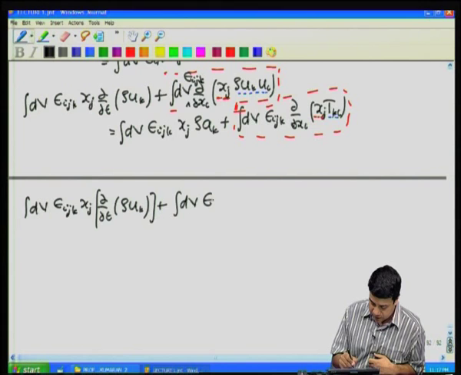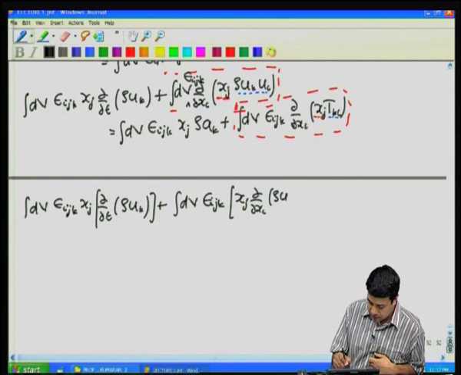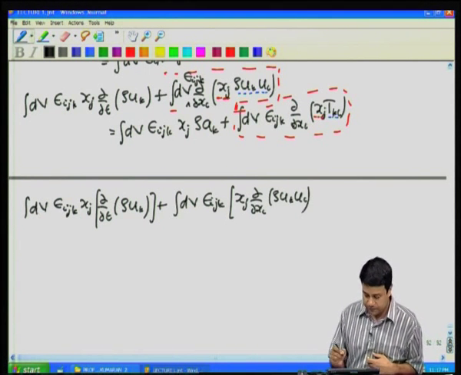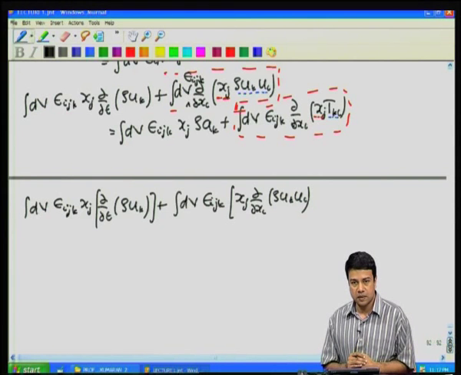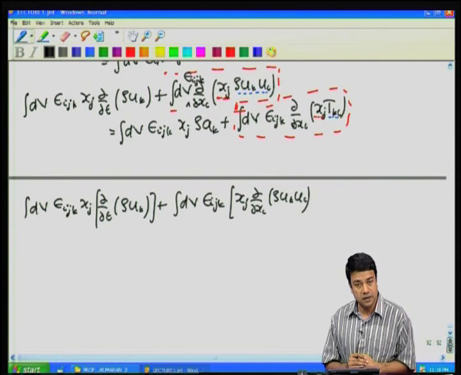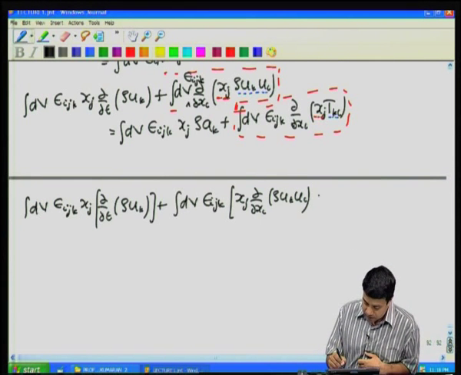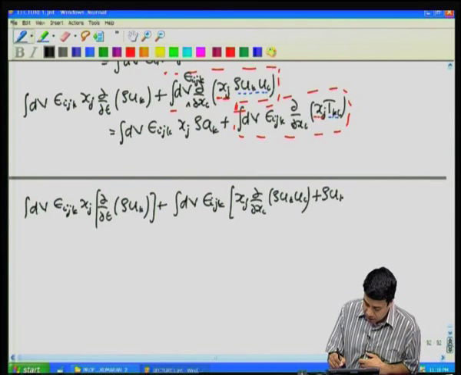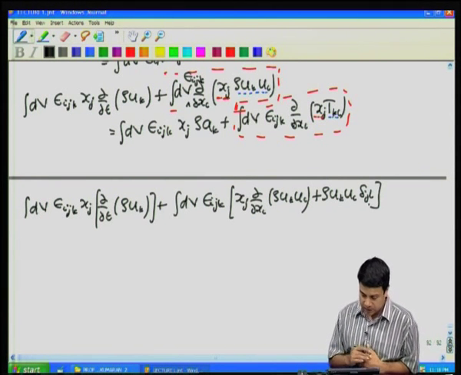So, I have epsilon i j k into, first, x j partial by partial x l of rho u k u l. That is the first term, plus the second term which contains the derivative of x j with respect to x l, that is just equal to delta j l. So, I get plus rho u k u l delta j l.